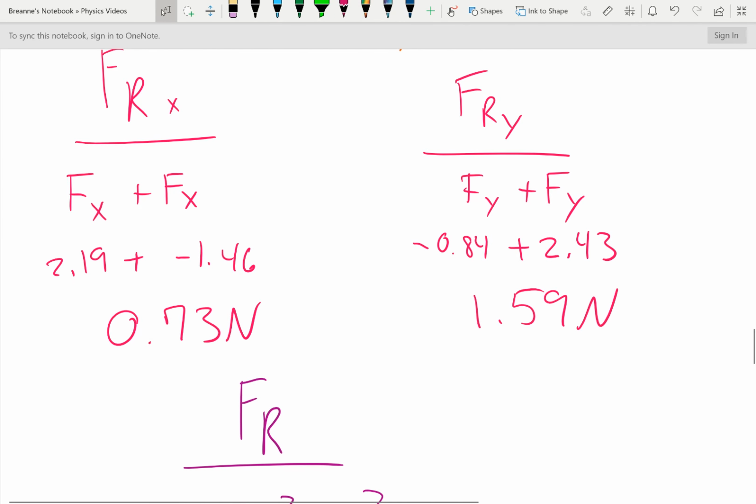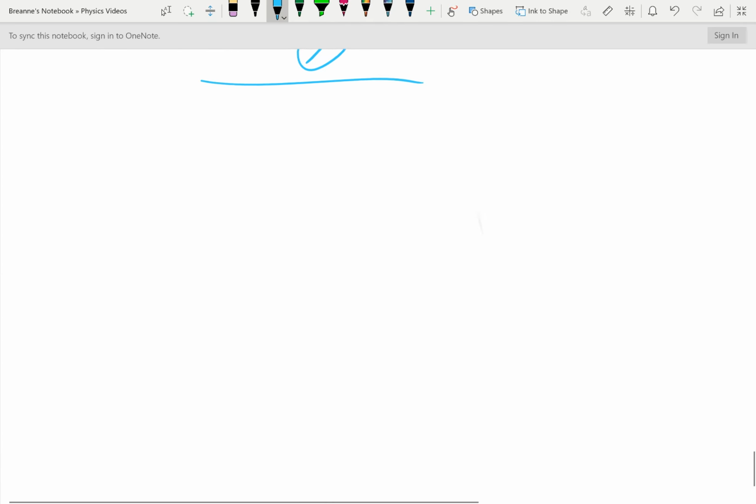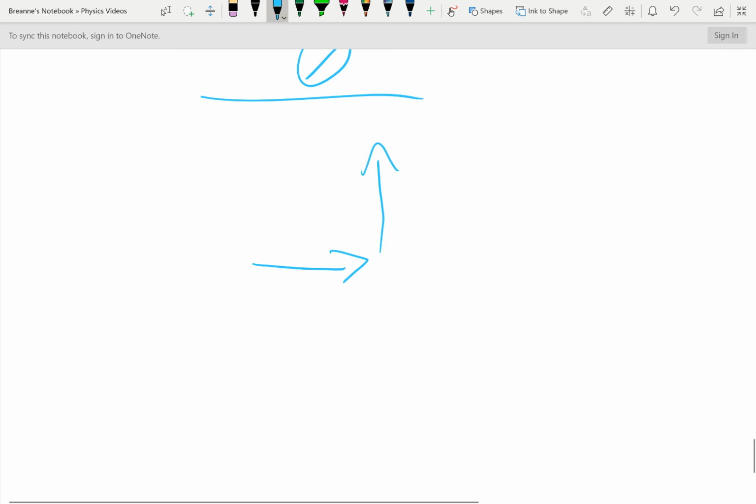They're both positive, so this one's going that way and this one's going that way. Always draw your x first, then your y. Makes life a whole lot easier. And so that becomes your resultant force in the y, your resultant force in the x, and that is just your resultant force. And that would be your angle.